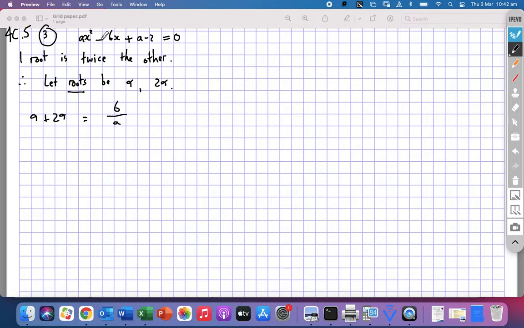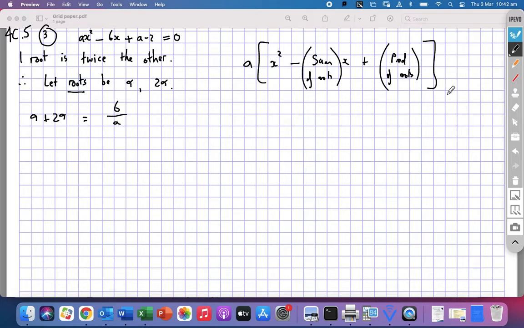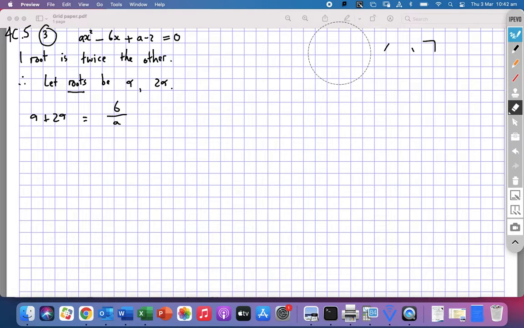So what you should know is that with a quadratic you're looking at an x squared term minus the sum of roots x plus whatever number the product of roots is. Product of roots. Right? And that's your quadratic, right? Okay.